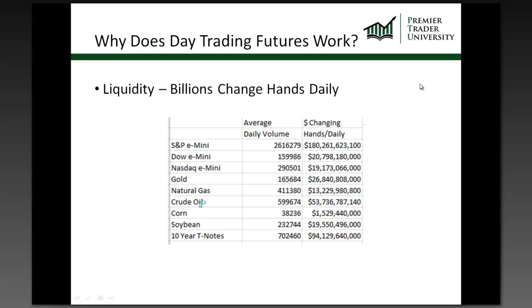One of my favorites is crude oil, 600,000 contracts each and every day, and 53 billion in value. These are averages, and it does go up and down, but this is, again, the point I'm trying to make here. Can you be a successful trader trading 1, 2, 3 contracts in the mix of some of these numbers? Yes. The answer to that is yes.